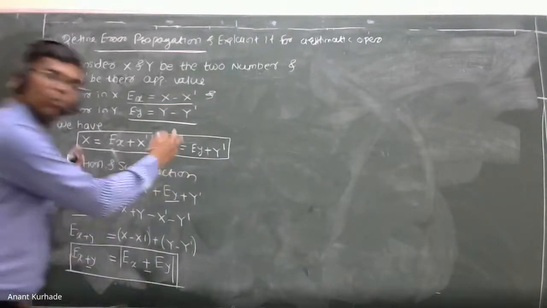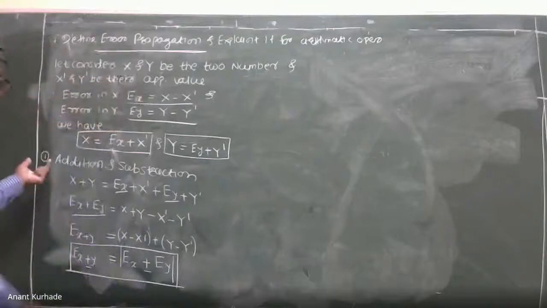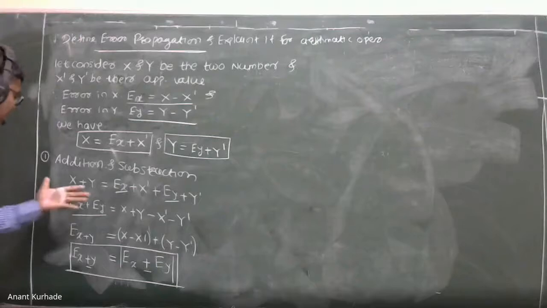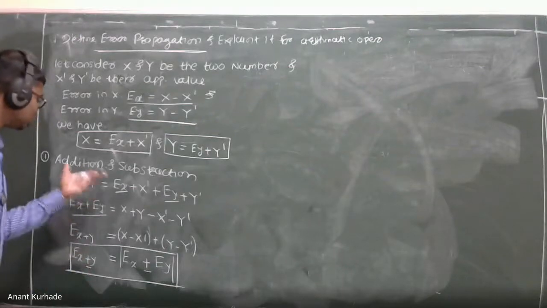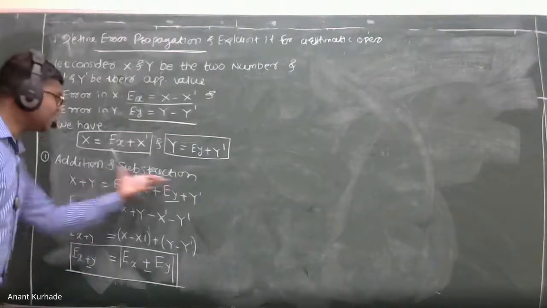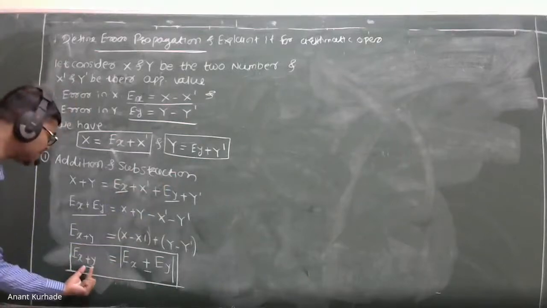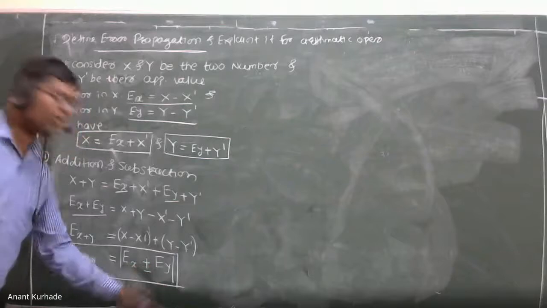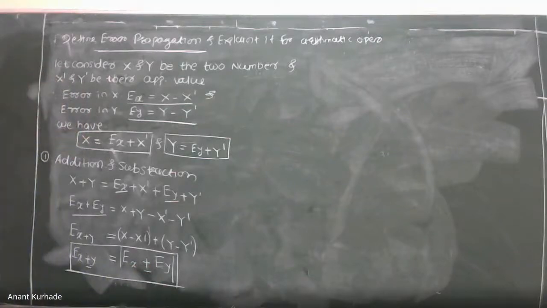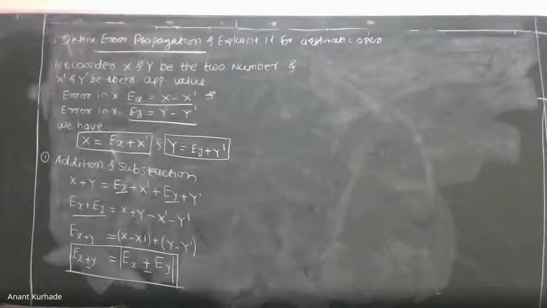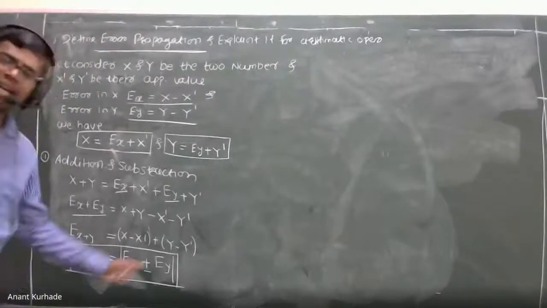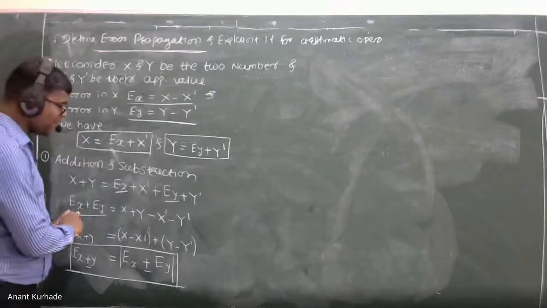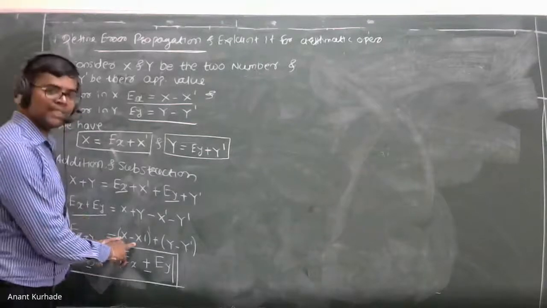So in one short you can show error in addition and subtraction: E of x plus minus y is equal to mod of EX plus minus mod of EY. You can see it is error in addition and error in subtraction. Write down this, it is very simple. See, here we have got EX plus EY.